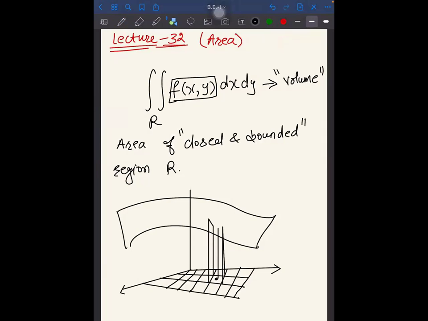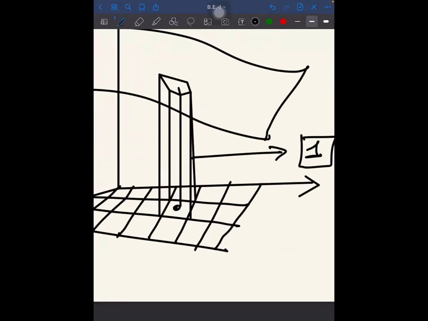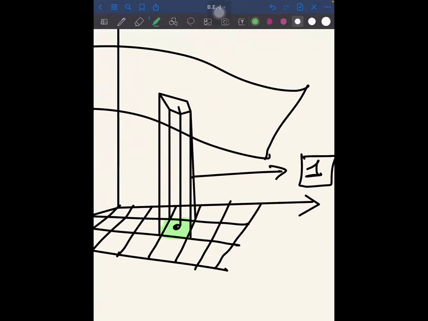Now think that we have a pillar like this. If I take this height to be 1, then I'll get the area of this rectangle.